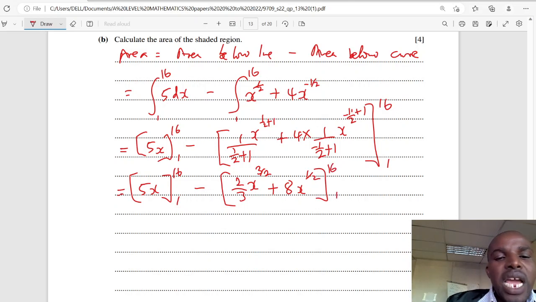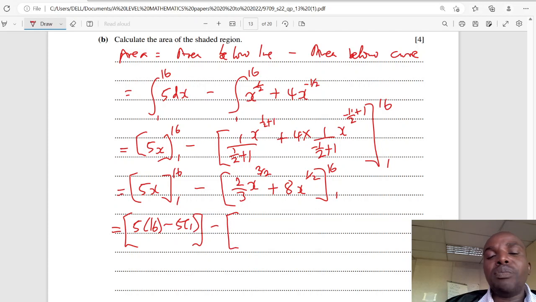Yes. Then you can now put 16: 5 times 16 minus 5 times 1 on this first part. Then minus, on this part, big bracket please. So it's 2 over 3, where there's x you put 16, the power 3 over 2, then plus 8 times 16 to the power half.